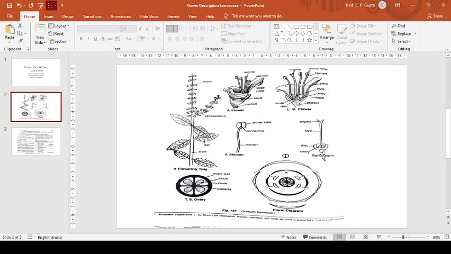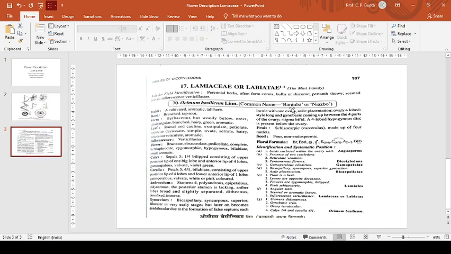This is a diagrammatic representation of this plant, Ocimum basilicum: flowering twig, a flower, LS flower, TS ovary, and floral diagram. This is the description of Ocimum basilicum, a cultivated aromatic herb.